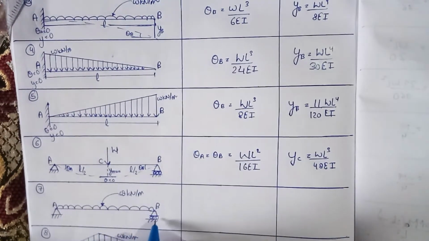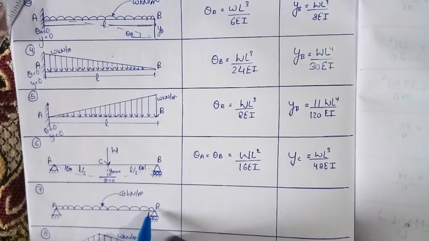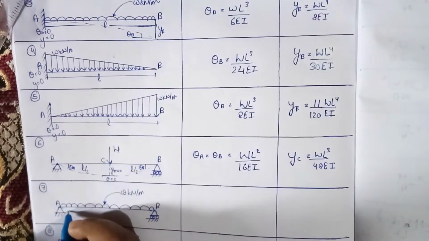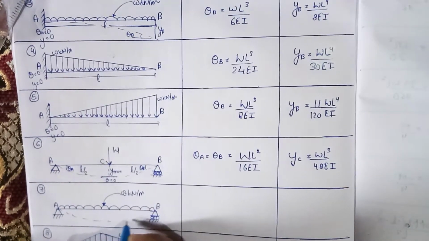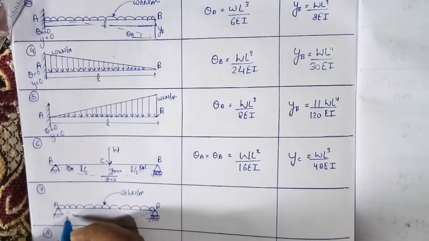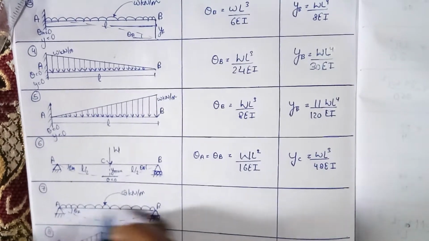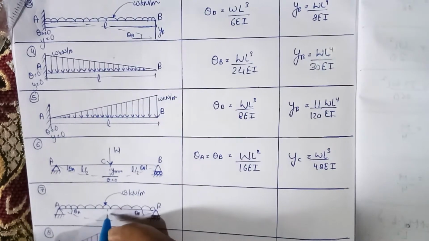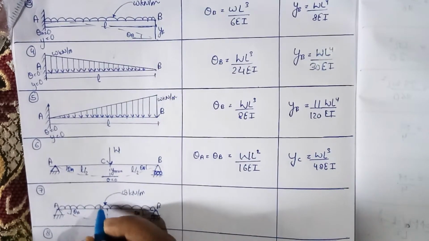This is a simply supported beam and it is subjected to a UDL over the entire span of magnitude W kilonewton per meter. So this beam will also deflect like this. In that case the value of slope here is theta A, and here the value of slope is theta B, and there is a deflection at the central point.